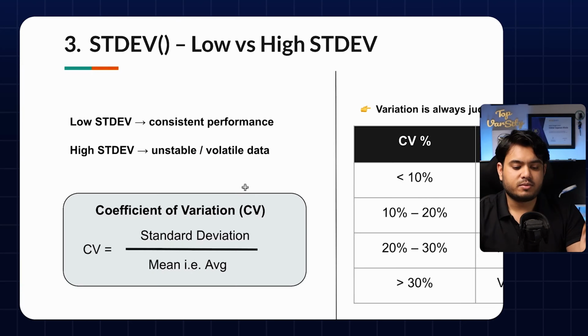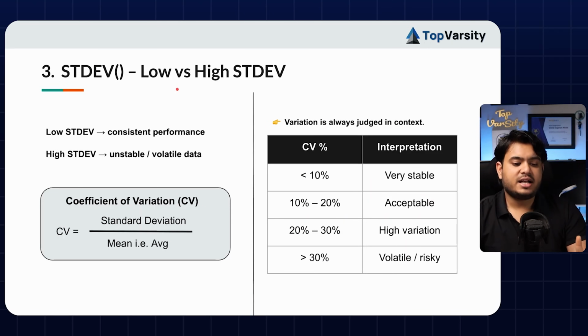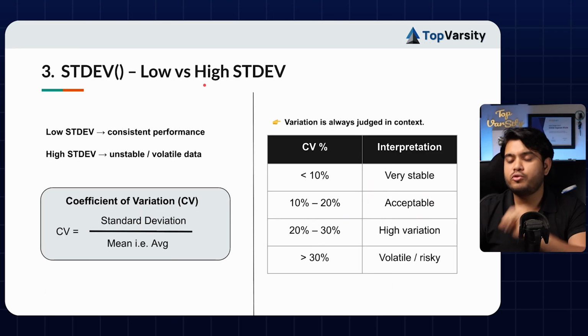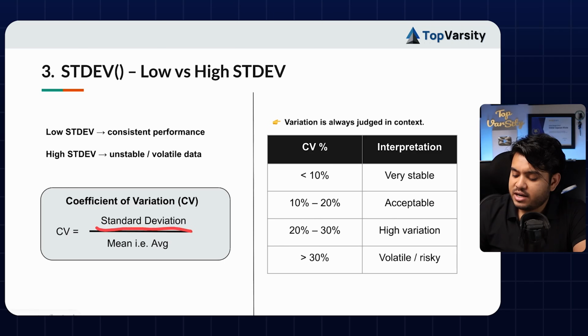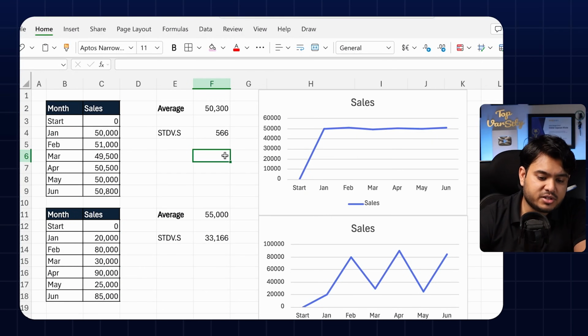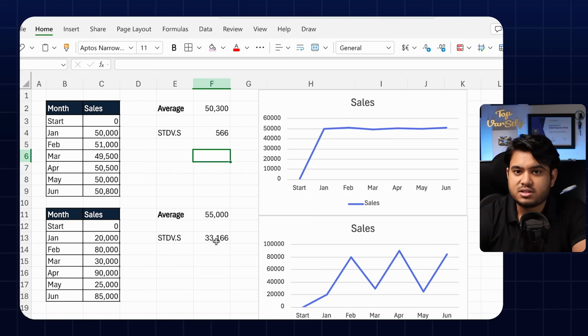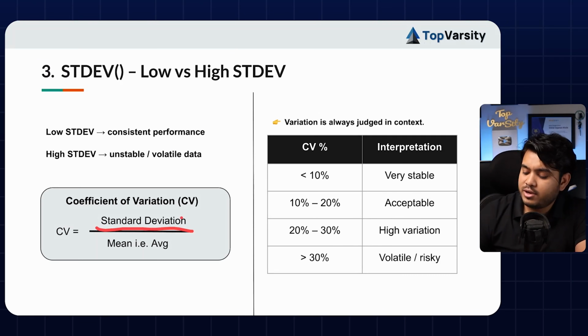For that I have one more slide, which is this one: low versus high standard deviation. How will we calculate? Whatever standard deviation we got, for this it is 566 and for this it is 33,166. We will divide this standard deviation by the average, or mean. Mean means average only.